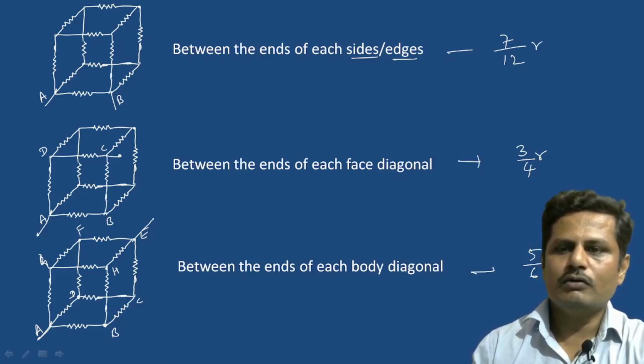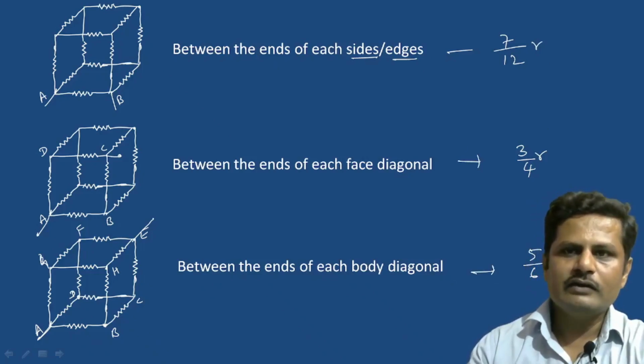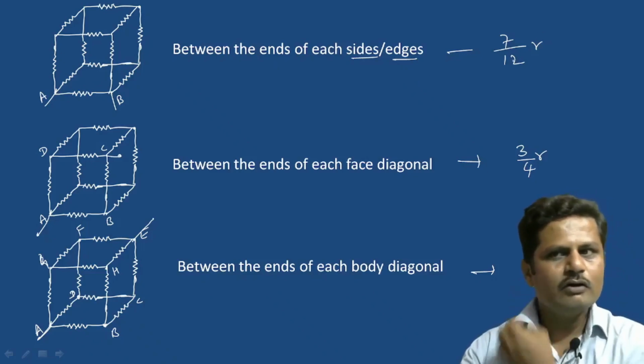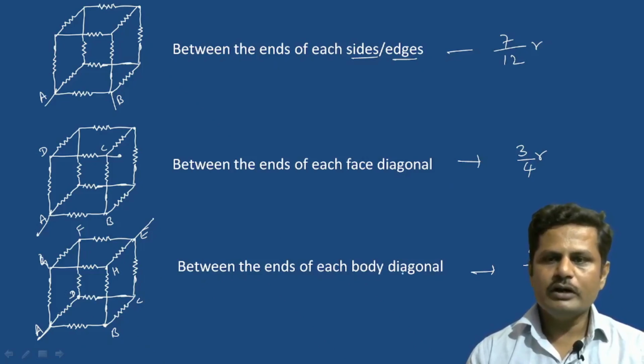This is what you have to practice. You need to keep this in your mind. So between the ends of each side or edge of the cube it is 7 by 12 R. And between the ends of each face diagonal it is 3 by 4 R. Between the ends of the body diagonal, that is 5 by 6 R.